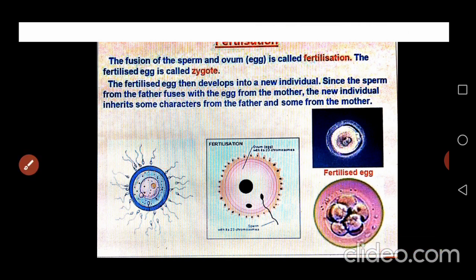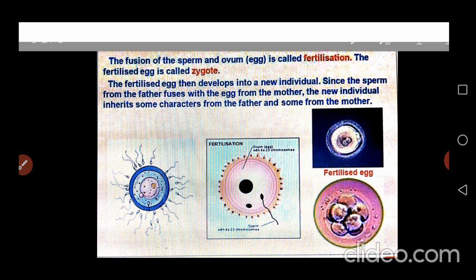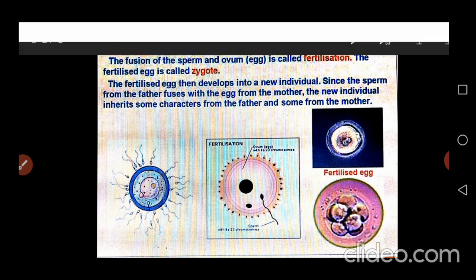Students, in females we already learned about the menstrual cycle, that only one egg is produced in a month. But in case of males, millions of sperm are produced, but only one sperm reaches the egg and takes part in fertilization.